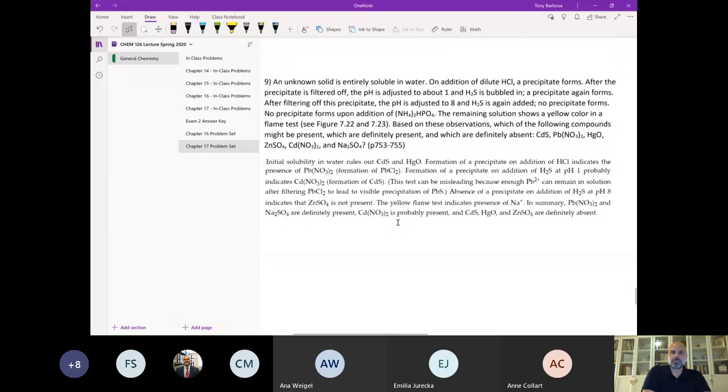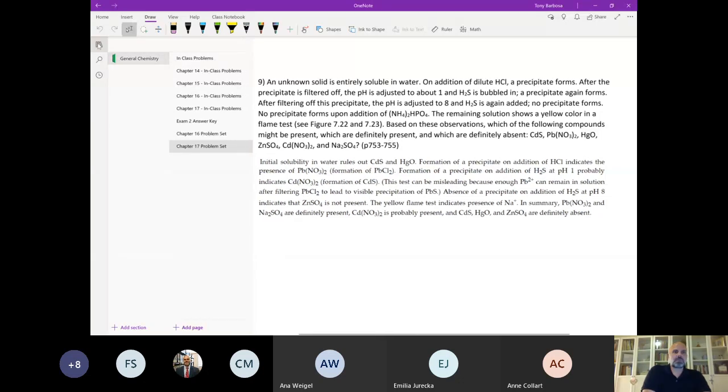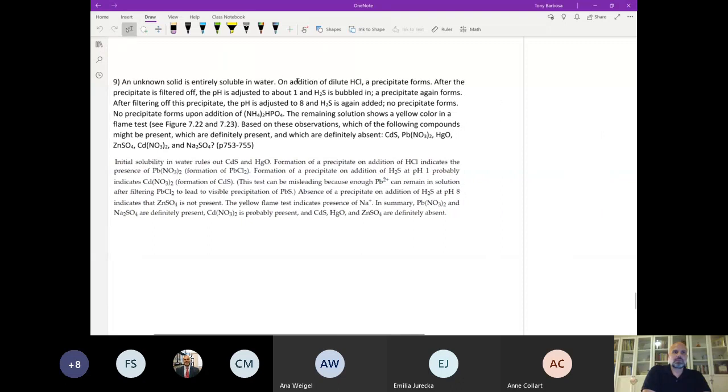So here's problem set 17, a sample qualitative analysis problem where you have to work down the list. It's kind of hard for me to work through the entire sheet, but this is a sample qualitative analysis.